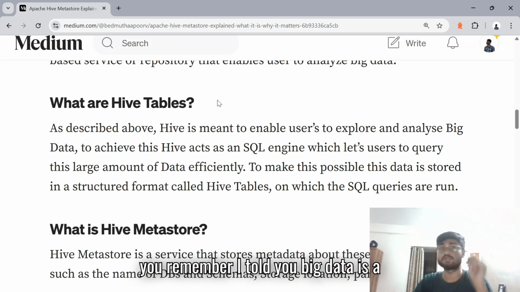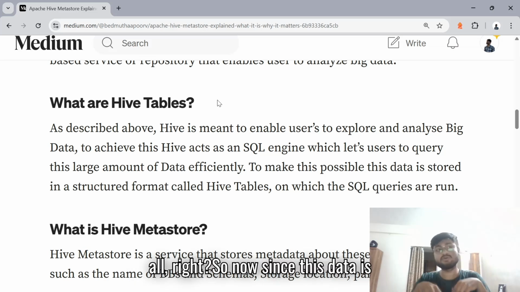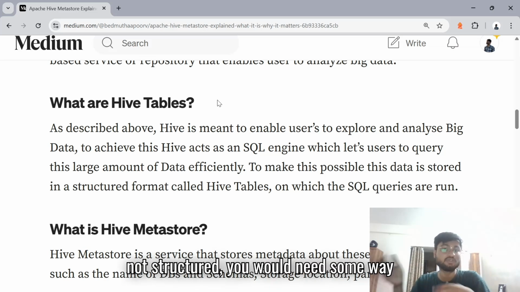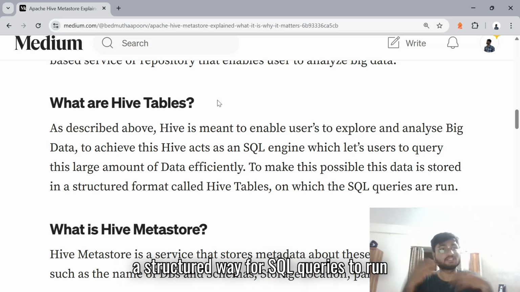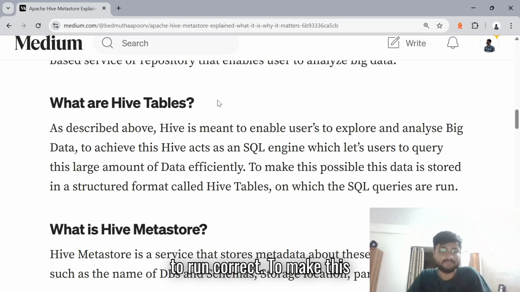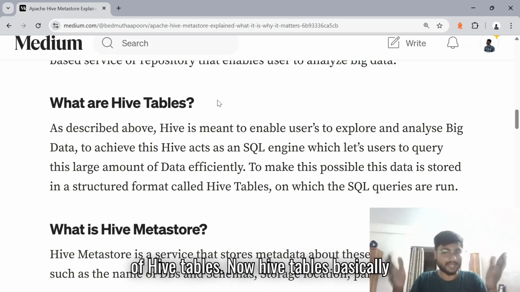But if you remember, I told you big data is of wide diversity and is not structured at all, right? So now, since this data is not structured, you would need some way to make it structured, to understand it in a structured way for SQL queries to run, correct? To make this possible, Apache came up with the concept of Hive tables.